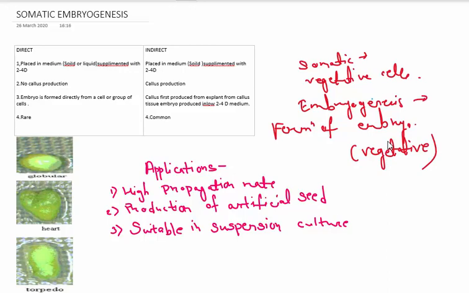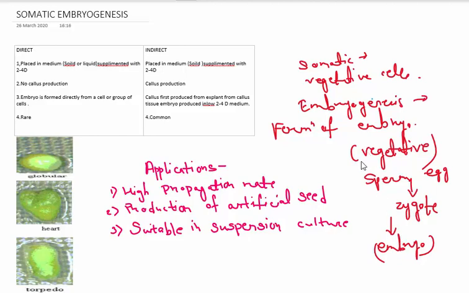So, embryos generally originate from the zygote, right? First, there will be sperm and there is the egg. Then, after fertilization, it will produce the zygote. Then, further, it will produce the embryo, right? But we are taking the case of somatic cells.